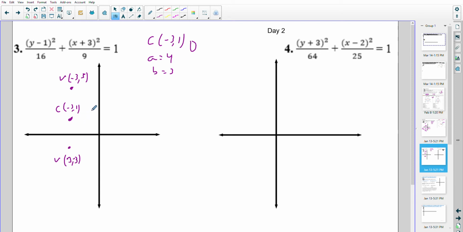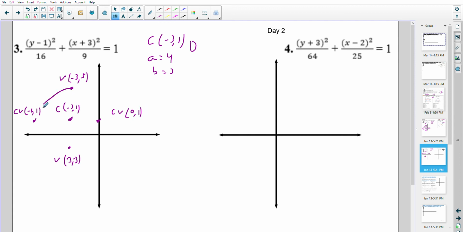Then I want the co-vertices, and so I'm going to be looking at the x value. Adding 3 gives you 0, subtracting 3 gives you -6. So co-vertex -6, 1, and co-vertex 0, 1.